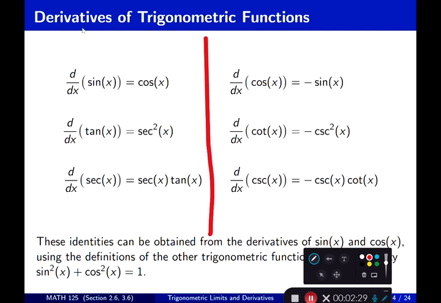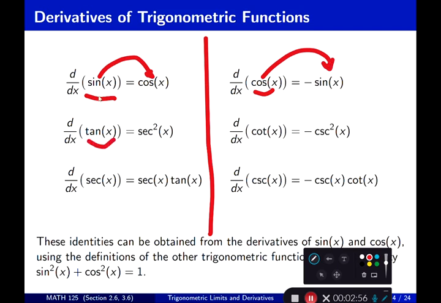So, for example, derivative of sine of x is cosine of x, and then the co-function of sine of x is cosine of x. So derivative of cosine of x is equal to negative sine of x. There's a similarity. Derivative of sine of x is its co-function. Derivative of cosine function is negative of its co-function. How about tangent of x?